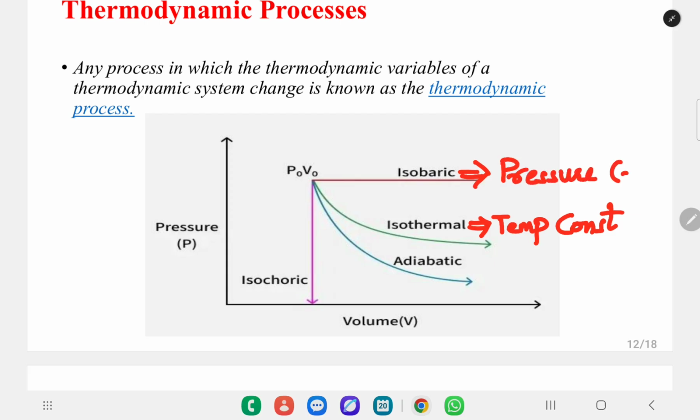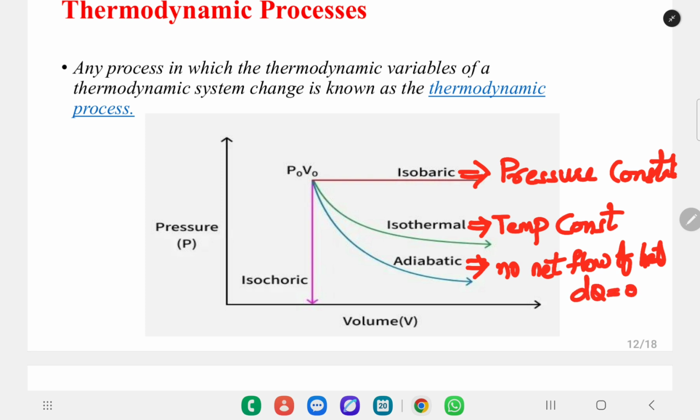An adiabatic process is done when there is no net flow of heat, which means dQ is equal to 0. Heat is constant.